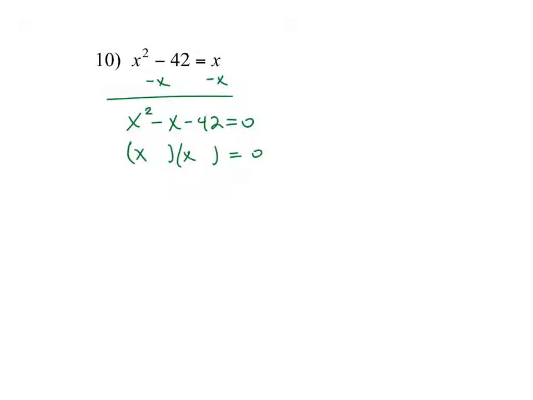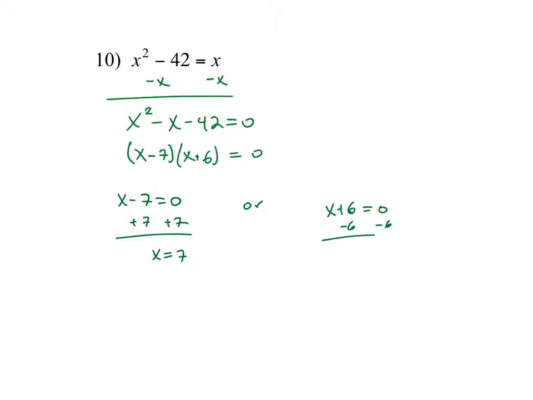Again, two numbers that multiply to give you 42, and subtract to give you negative 1, are negative 7 and positive 6. So x minus 7 equals 0, or x plus 6 equals 0. So plus 7, x equals 7, minus 6, x equals negative 6.